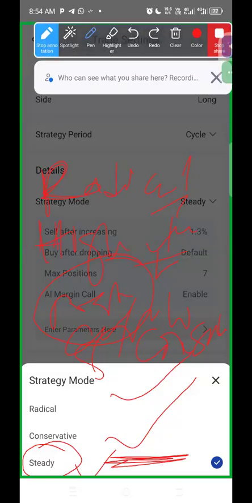Maybe the result they are making is based on the fact that such a person is a very radical trader, and the day he stops making radical decisions, he will never make money. Maybe you yourself are just a steady trader. If you go in to make a radical decision, it will affect you.